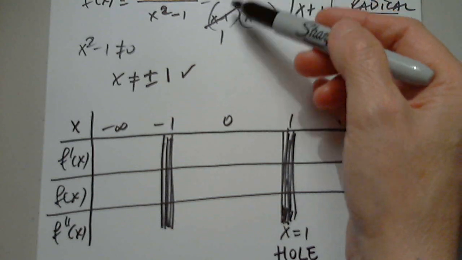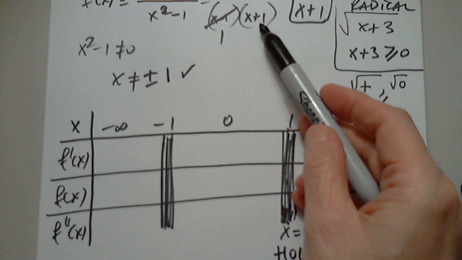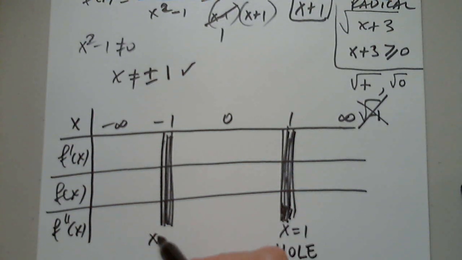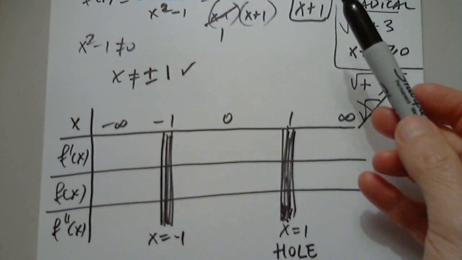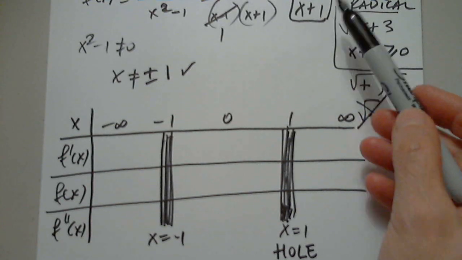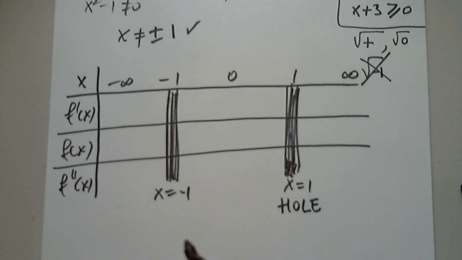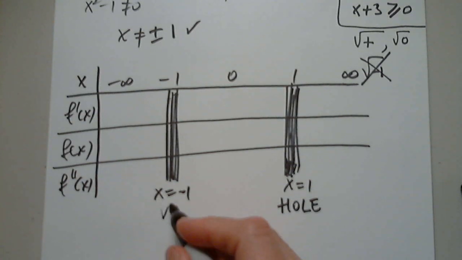If the factor goes away, that is a hole. What about x equals negative 1? What will x equals negative 1 represent? x plus 1 is still in the problem. What will that x equals negative 1 represent? A vertical asymptote. Very good.